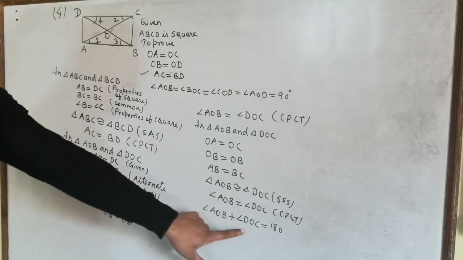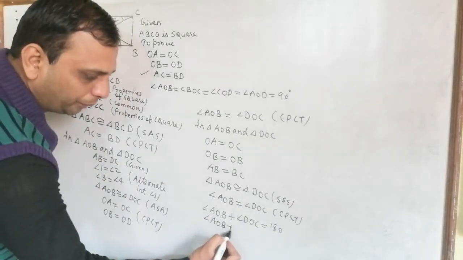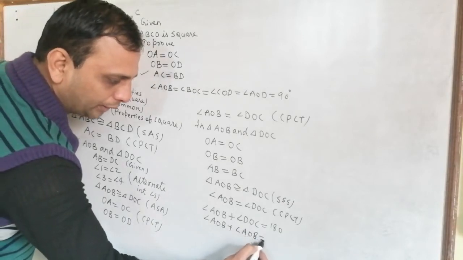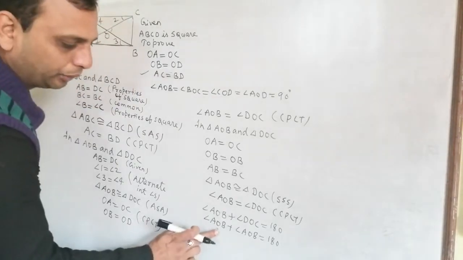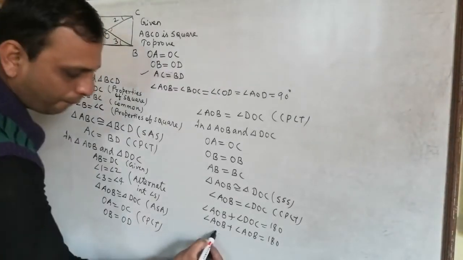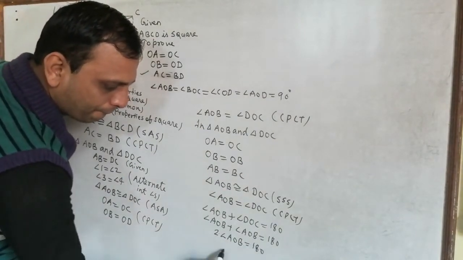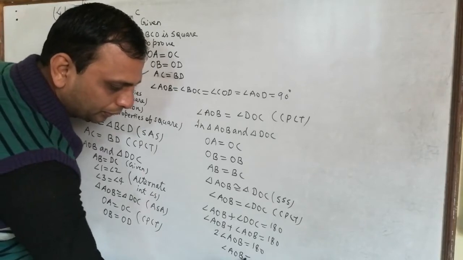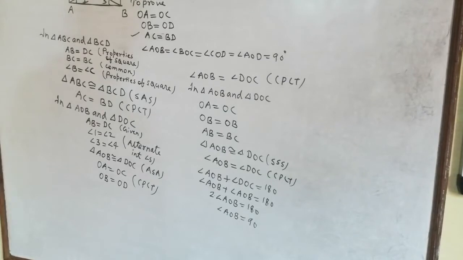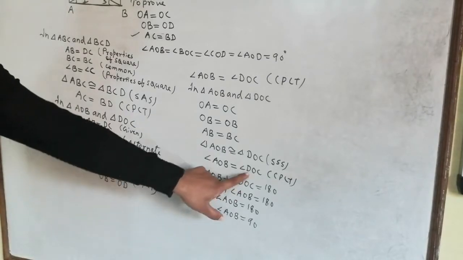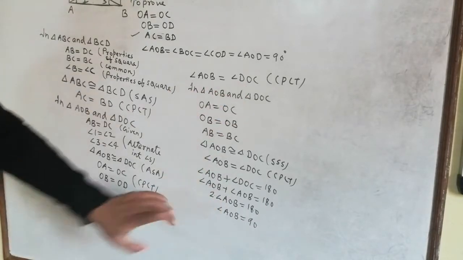Both are equal, so in place of DOC we can write AOB. So AOB plus AOB equals 180 degrees. Now 2 times AOB equals 180 degrees, so AOB will be equal to 90 degrees. If AOB is 90 degrees, DOC will also be 90 degrees, because AOB is equal to DOC.